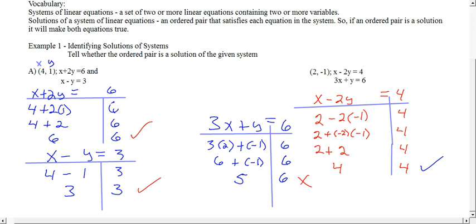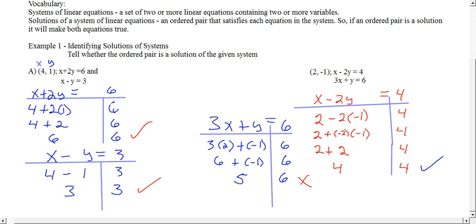What I want you to understand is that if you're solving a system and it's true for one equation and false for the second equation, then the ordered pair is not a solution to the system. If we worked one equation and came up with a false statement, like 5 is not equal to 6, that contradiction means we would not need to work the other, because automatically we would know that this ordered pair would not be a solution.